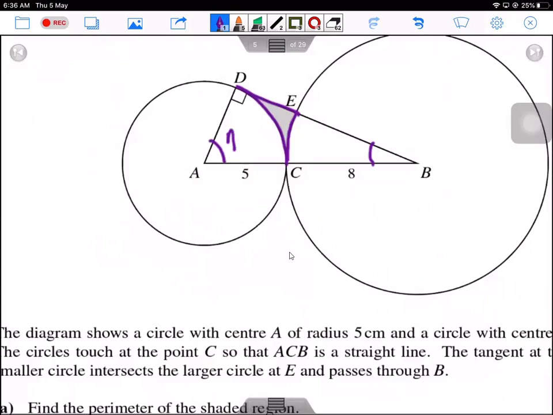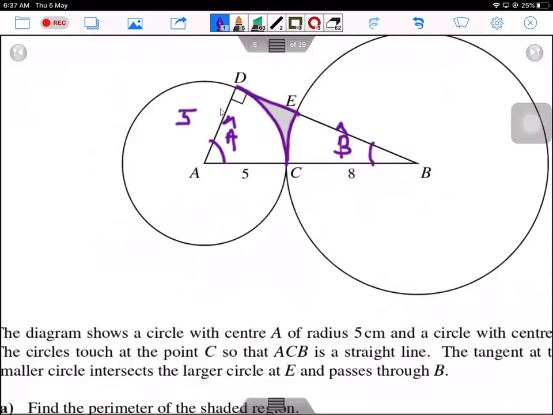Let's say this is angle A, and let's say this is angle B. I can use the trigonometric ratios here, since we are dealing with a right angled triangle in which the hypotenuse is 8 plus 5, 13, which is AB. Since AC is the radius of the smaller circle, AD is also the radius of the smaller circle, so the length of AD is also equal to 5.